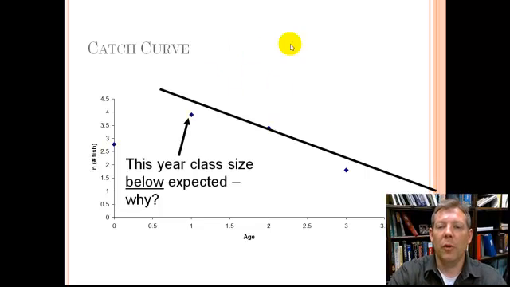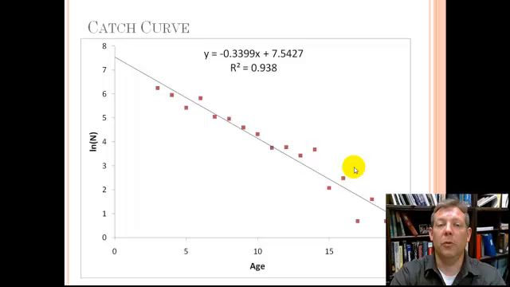And if you look at other points in this particular example, you see that here this age 2 year class is right on the line. So that year class has a very small residual. The age 3 year class is lower than what we expected too.